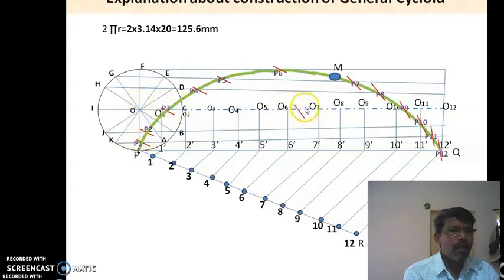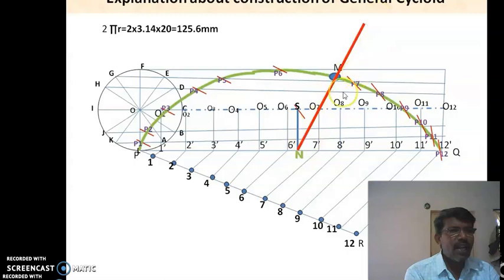After marking the center point on the center line, draw a perpendicular line to the PQ, mark it as S, and name the point on the PQ line as N.